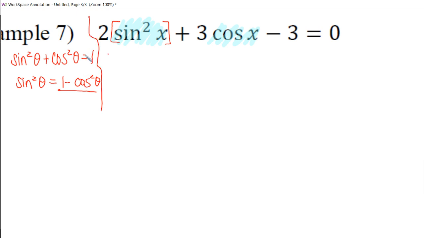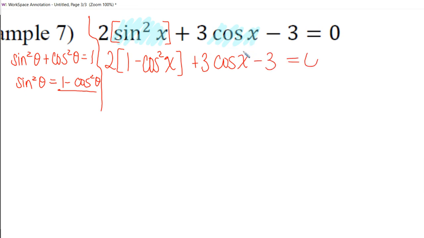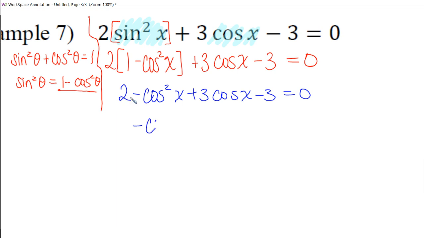Okay, so it'll be 2 bracket, my sine squared is 1 minus cosine squared theta, or better yet, x, plus 3 cosine x minus 3 equal 0. And I'm going to distribute those out. So it's 2 minus cosine squared x plus 3 cosine of x minus 3 equals 0.